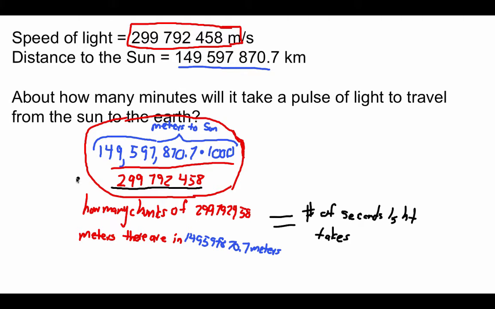So if I figure out how many of these amounts of distance fit into this amount of distance, then that many chunks of this distance will take that many chunks of seconds. So this is now equal to the number of seconds that light takes to go from the sun to the earth, but it did ask me how many minutes.